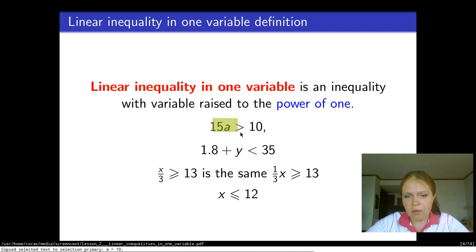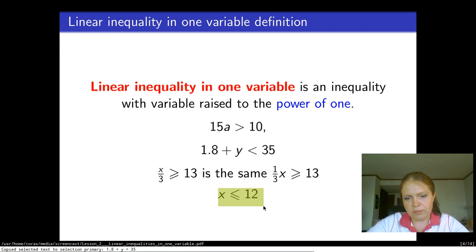That's why this inequality is linear. You can also see this inequality contains only one variable, a. This inequality also contains one variable y, and it's also linear because y has a power of 1.